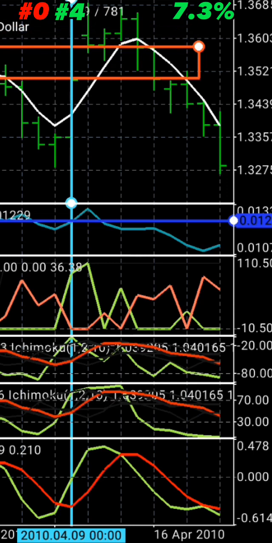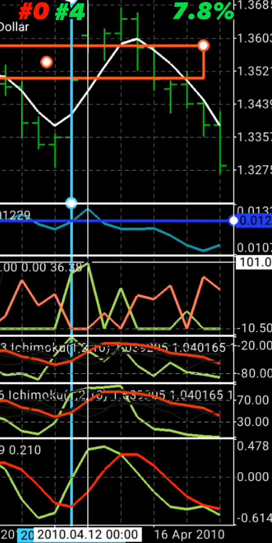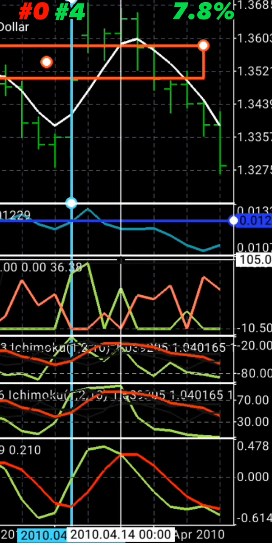So we've got 1% more. That should be our fifth trade.